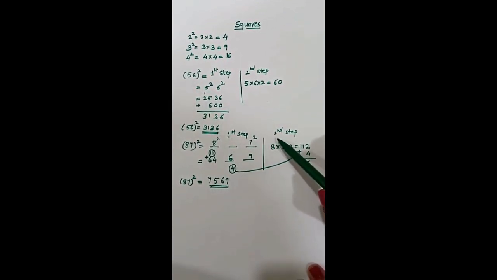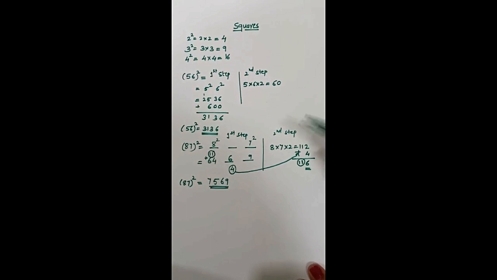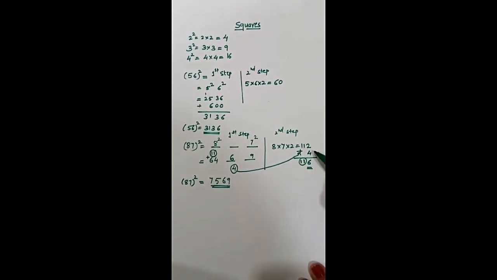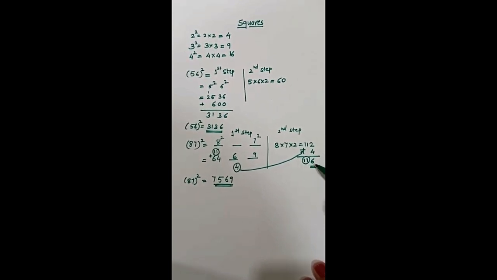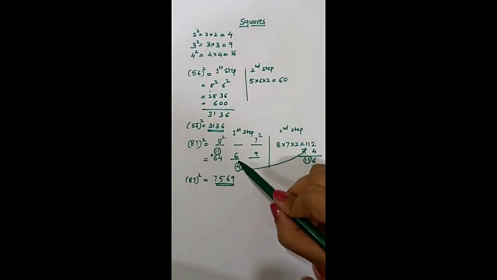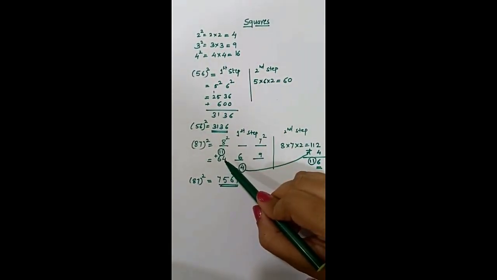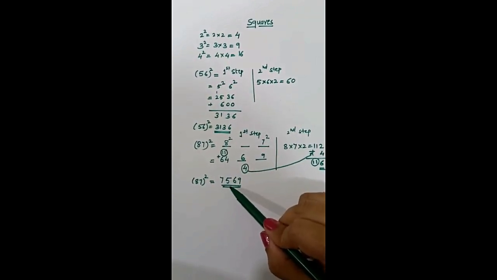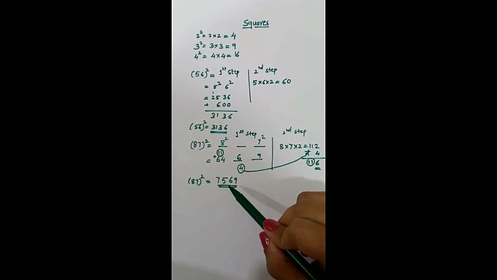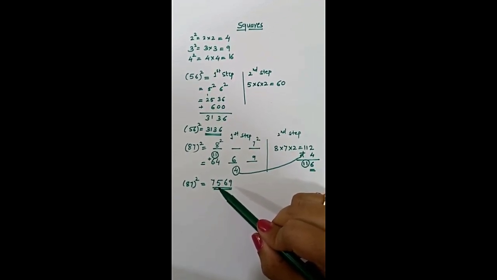In the second step, I multiply 8 into 7 into 2, that is equal to 112. I add the carry over: 112 plus 4 is 116. So I write 6 in the middle place and carry over 11 to the third place. Then I add 64 plus 11 and get the answer 7569. So these are the methods by which we can determine the squares of any two-digit number.